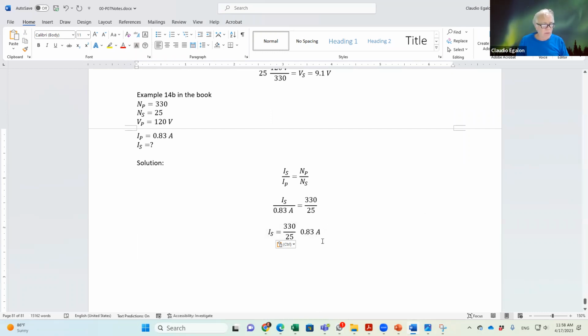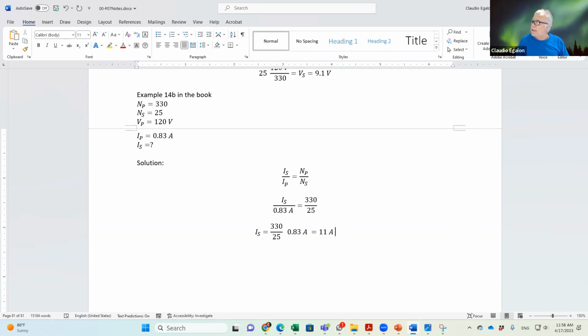So instead of 0.83 amps, you are going to have 11 amps. That's item B. The average power delivered to the secondary coil is the product, and so on.